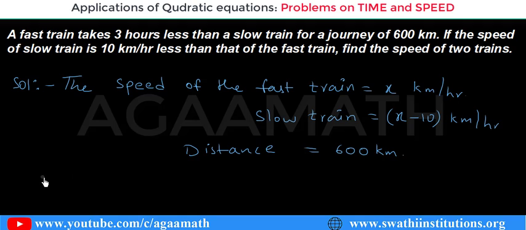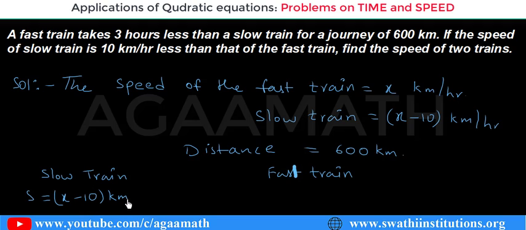So coming to here, what I do is, here I write about the slow train, and here I write about the fast train. The slow train speed, what we have taken? x minus 10 kilometers per hour, right?